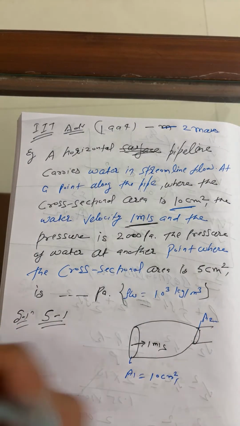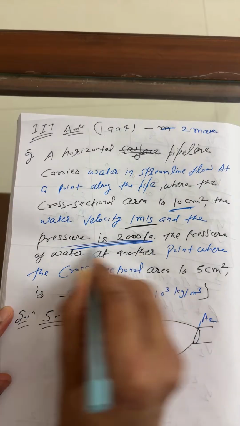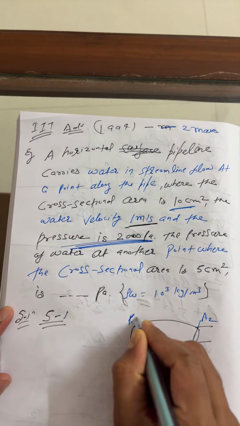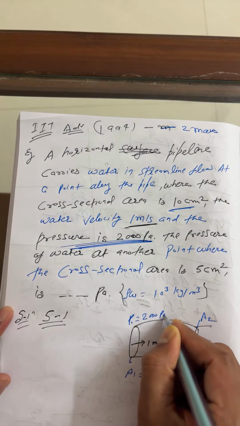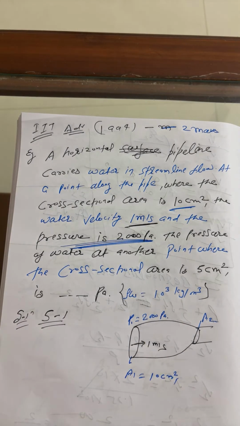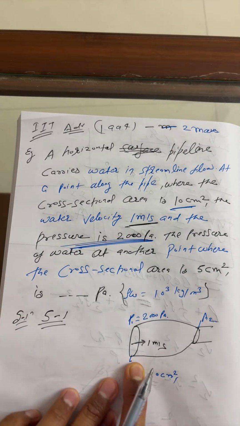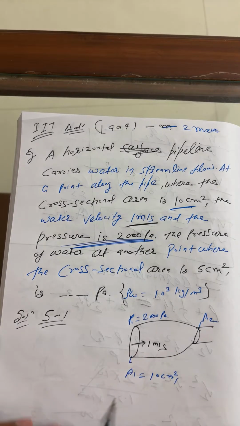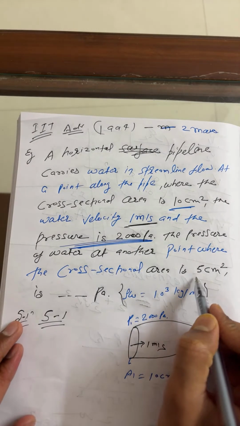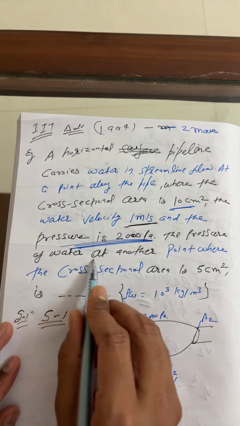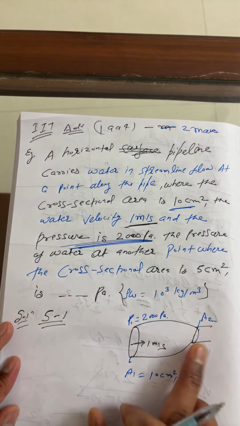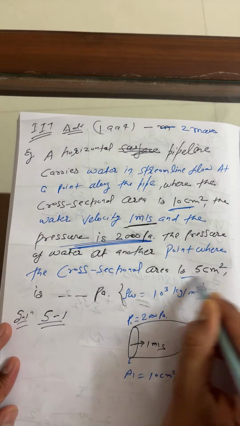The inlet pressure P1 is 2000 pascal. The outlet area A2 is mentioned, and the pressure of the water at the other point is P2.